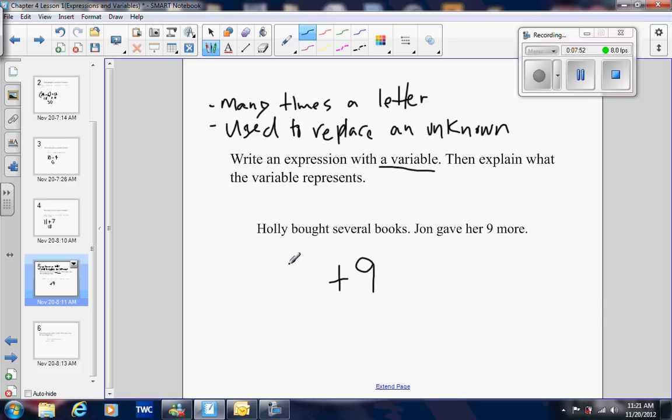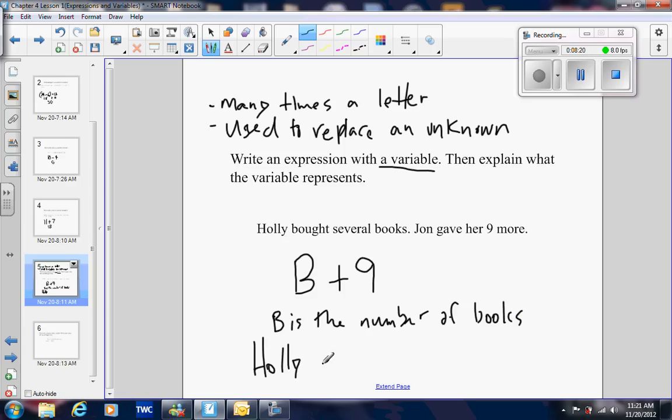This might be a time where we'd use a variable b. b plus 9. Now what is b? Well, b is the number of books Holly had.